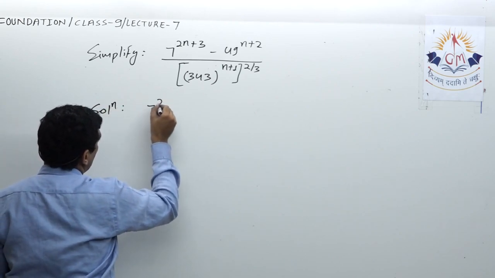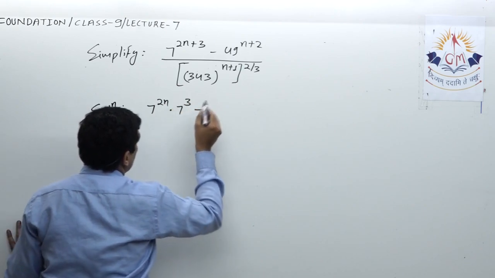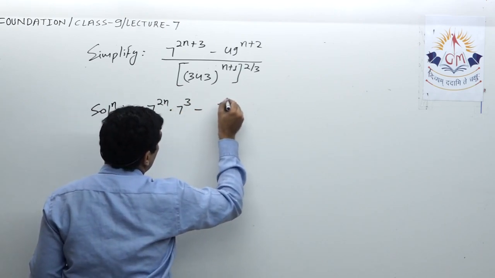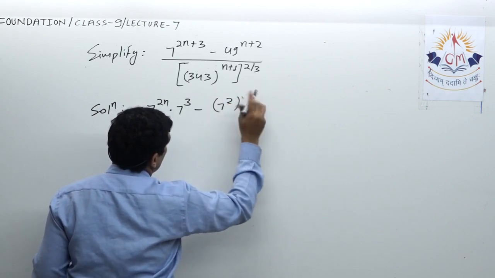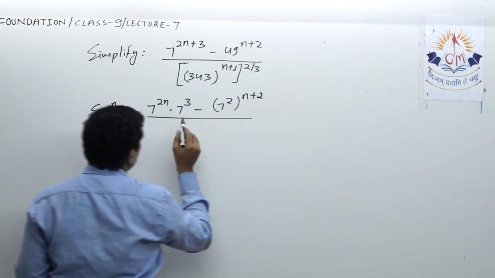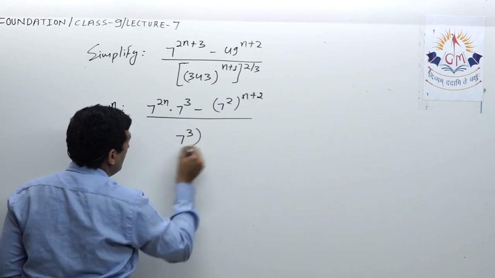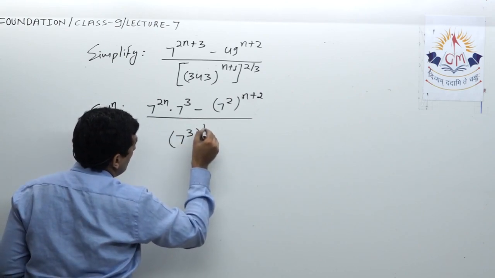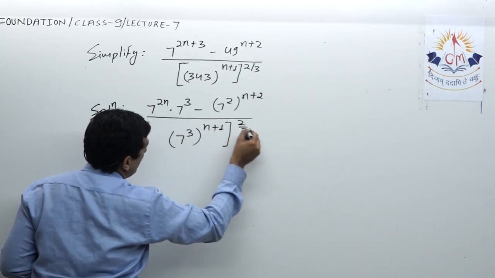This is 7 raised to 2n into 7 cube, minus 49 is 7 square raised to n plus 2, divided by 343 is 7 cube raised to n plus 1, raised to 2 by 3.